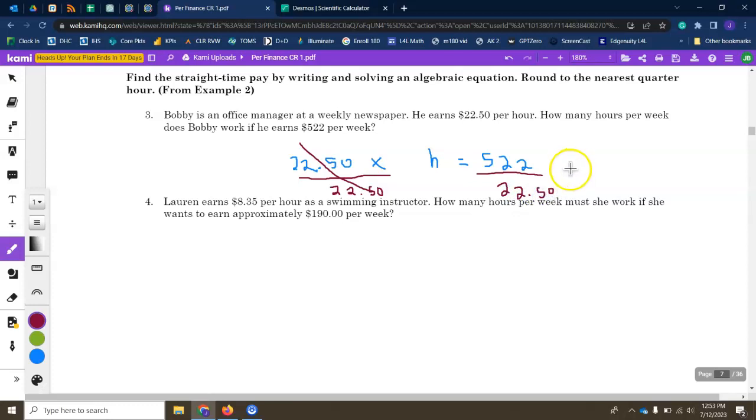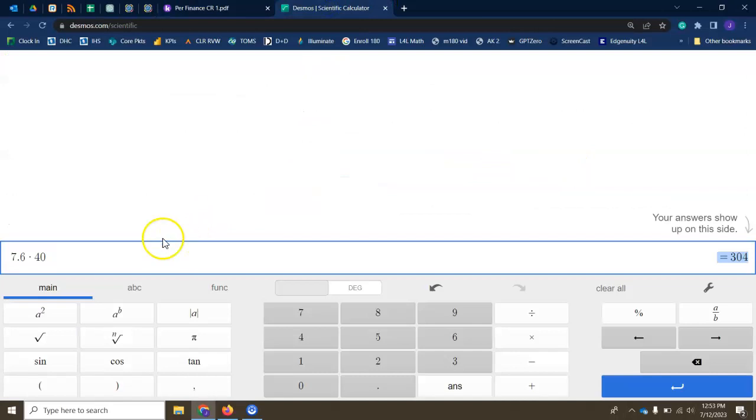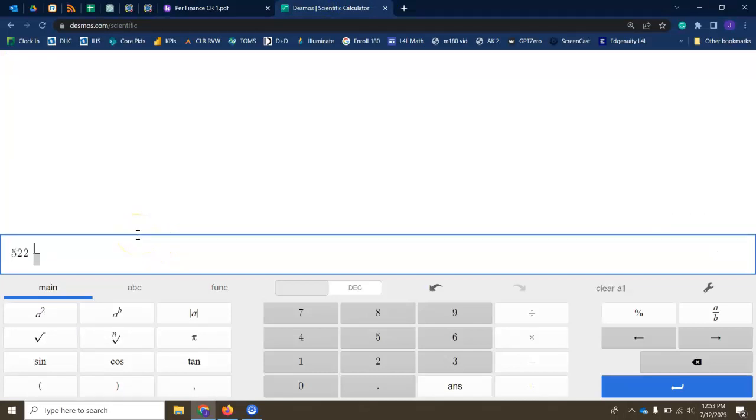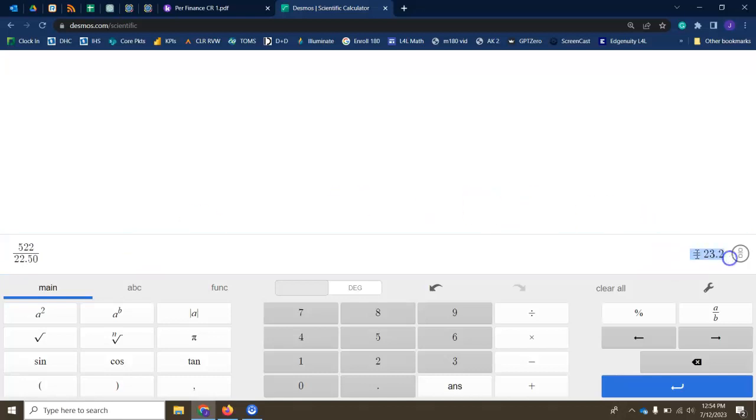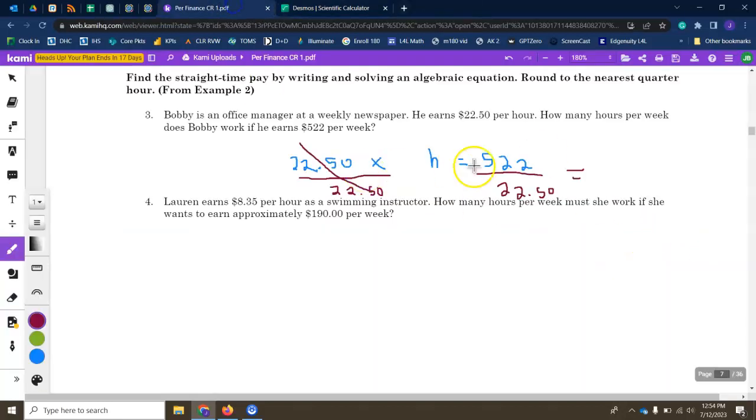So H equals 522 divided by 22.50, and as we look over here to the right, it's 23.2 hours.